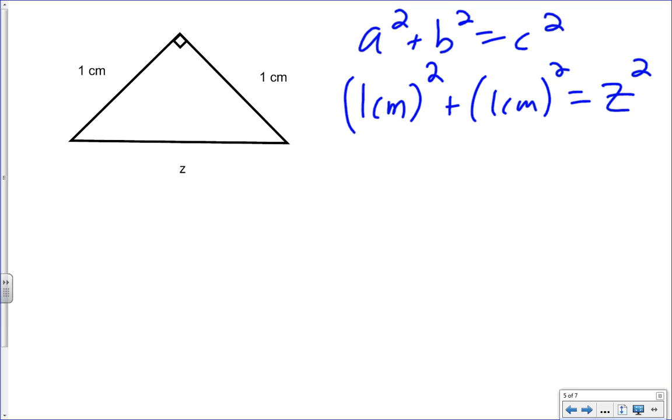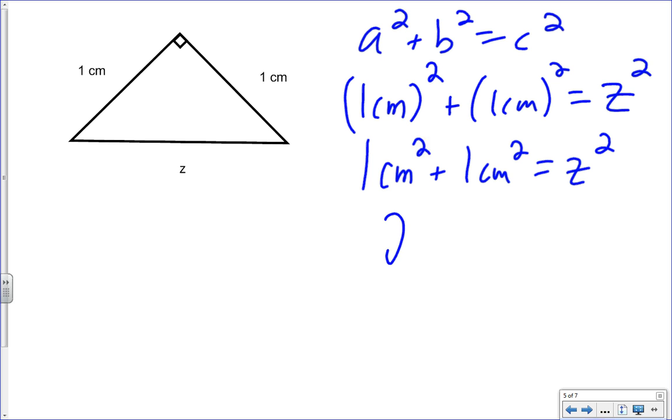So here, a lot of people get strange responses to this one. 1 squared is 1. What's the most common wrong answer? People want to say 2. Yeah, that's not what it is. So 1 centimeter squared. Got it. Plus 1 centimeter squared is equal to z squared. Well, 1 plus 1, we can do that. 2 centimeters squared equals z squared.